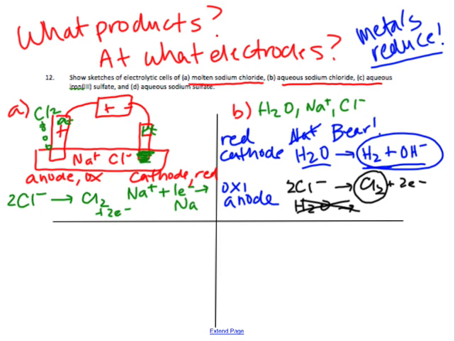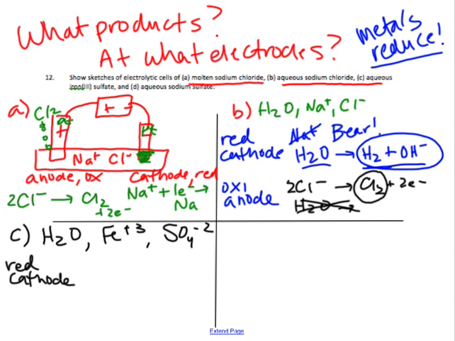Okay, let's do our next one. We are looking at C, and we're doing aqueous iron 3 sulfate. What's floating around? Aqueous iron 3 sulfate and H2O. So again, reduction at the cathode.